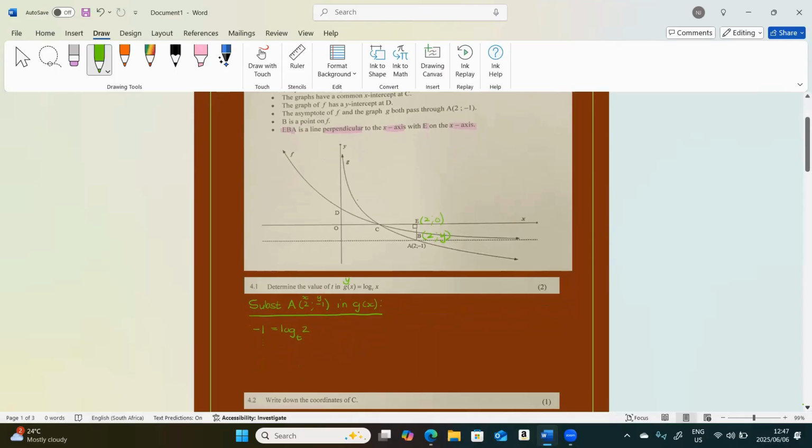Now we know that we can rewrite this log equation into an exponential equation. We can do that by rewriting from right to left. That's what I teach my learners: you work from right to left to rewrite a log equation into an exponential equation. So we're first going to work with the 2, and then with the t, and then finally with the -1.